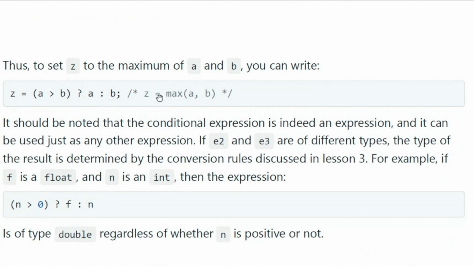So it's essentially just the maximum of A and B, right? Again, before this question mark, you will do a condition comparison. If it's true, you go with the second expression. Otherwise, we'll go to the third expression.